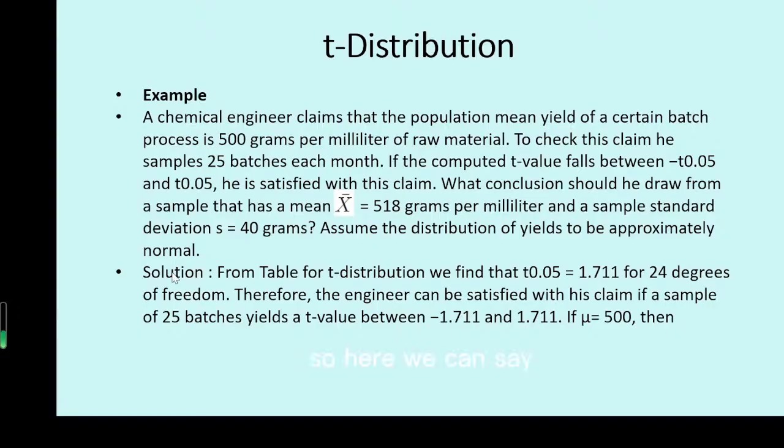So here we can say, because we assume the population is approximately normal and the sample size is 25, less than 30, so this is a small sample size with unknown variance from the population. So this conforms to the t-distribution case. And we found t0.05 is about 1.711 for 24 degrees of freedom in the t-distribution table.